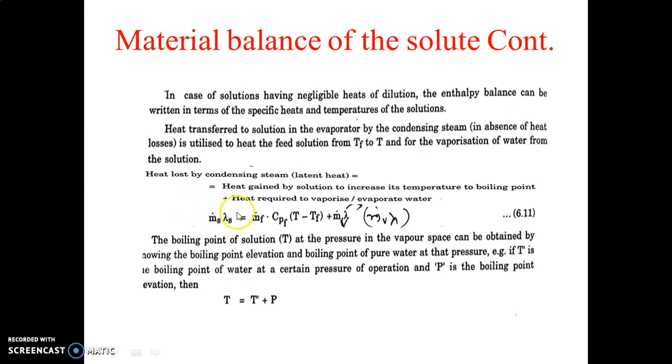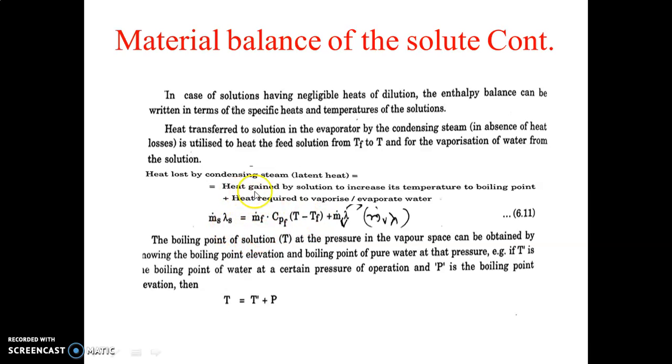Here m dot s is the mass flow rate of the steam, and lambda s is the latent heat of condensation of steam at a given temperature.